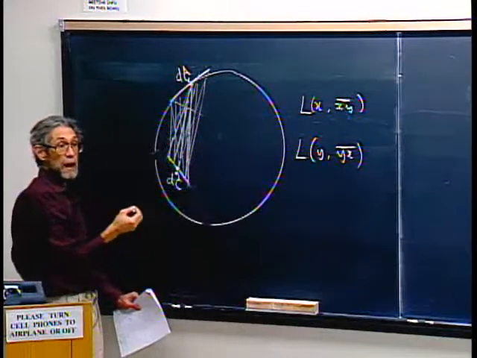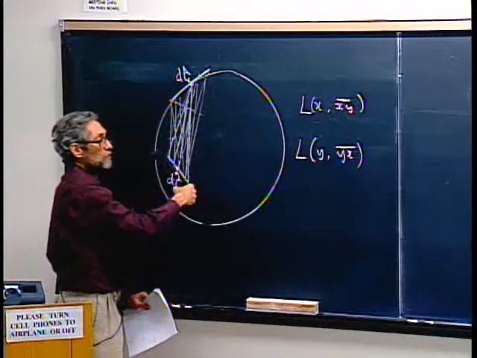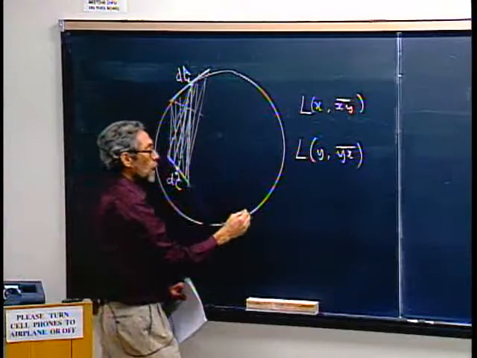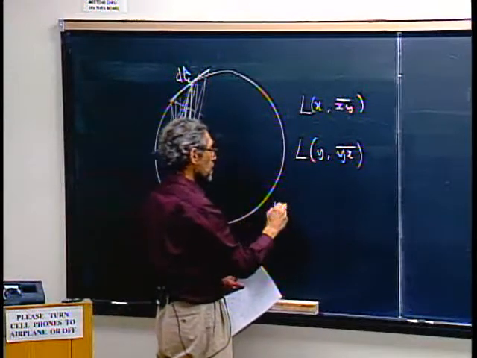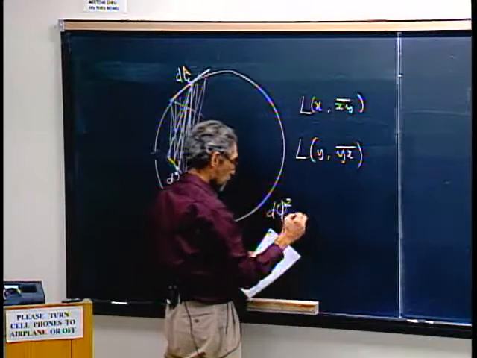The expected total number of lines between a surface here and a surface there, I call d squared Phi, capital Phi squared.